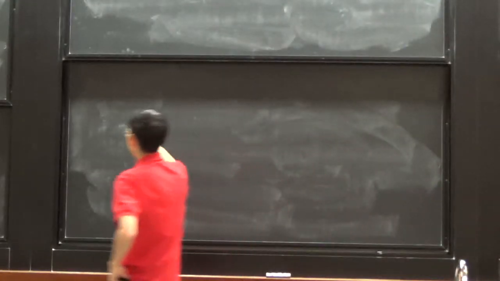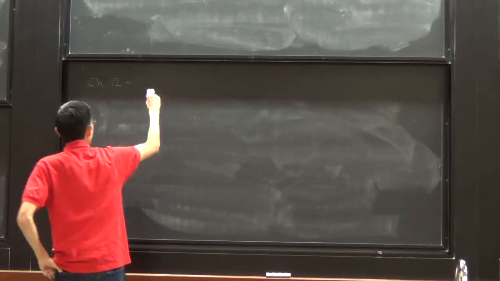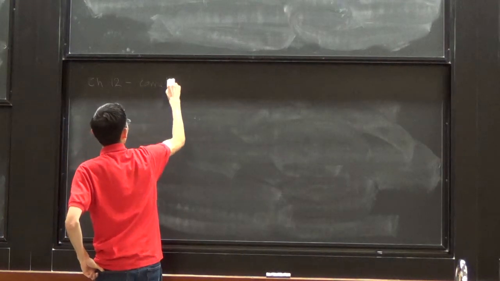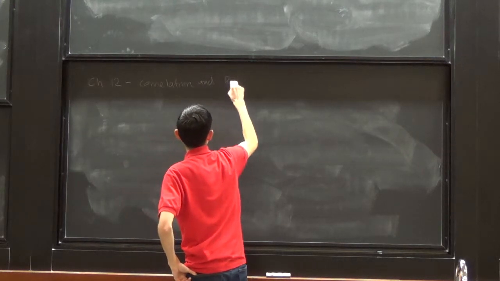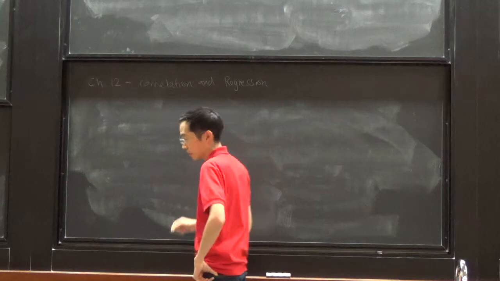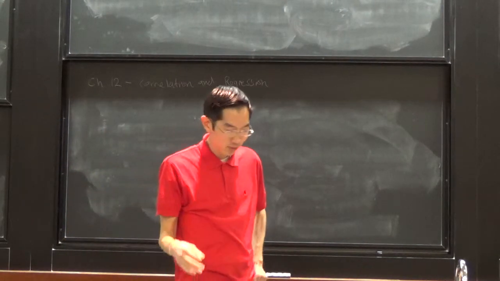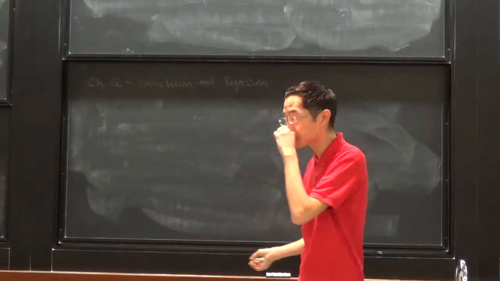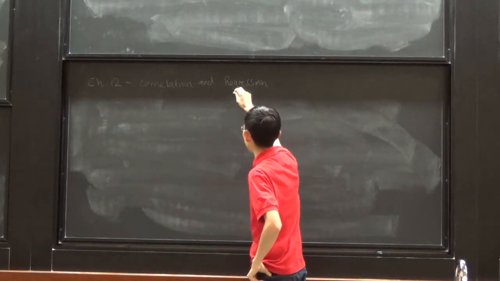So chapter 12 is all about correlation and regression. And in this class, we are only spending this week, and we're only going to learn the most basic form of regression, linear regression.